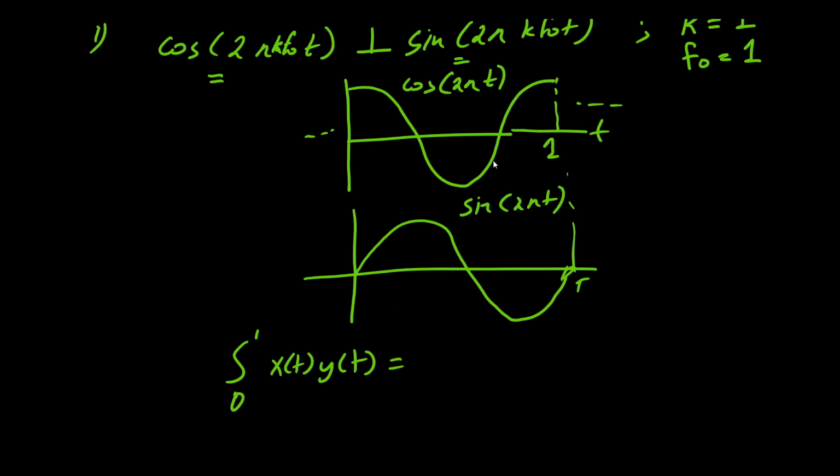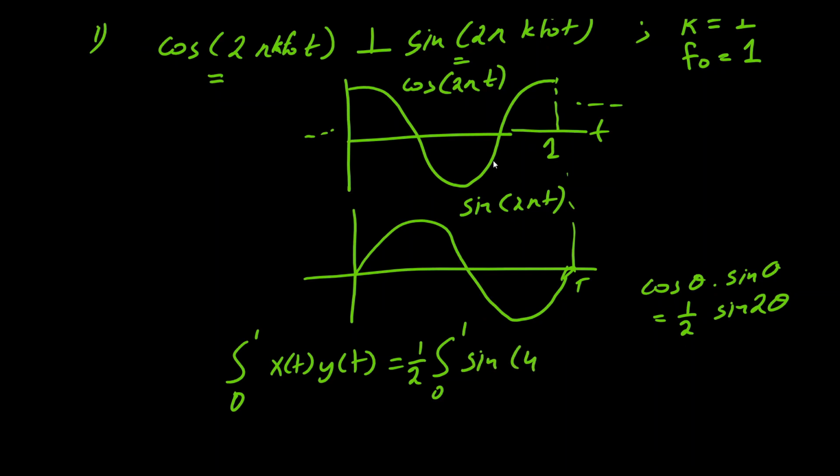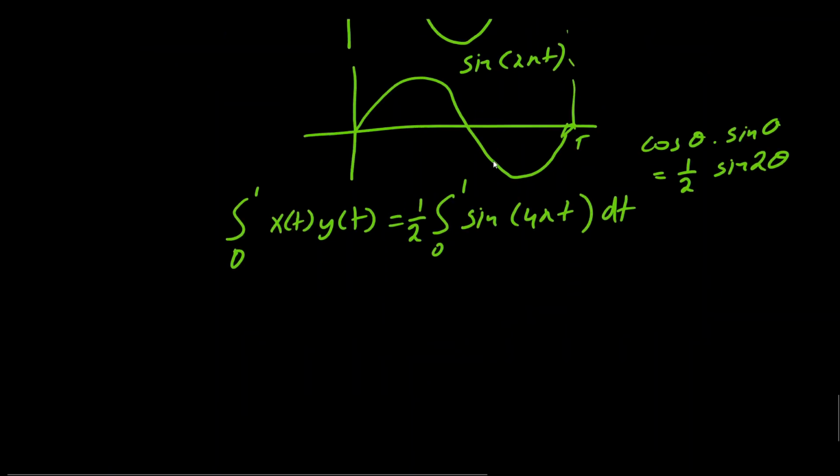We have cos theta times sine theta, which is simply equal to 1 by 2 sine 2 theta. Therefore we would have an integration from 0 to 1 of 1 by 2 sine 4 pi t dt, or simply sine 2 pi, with f naught now 2, t dt.